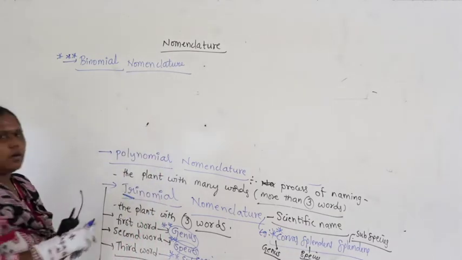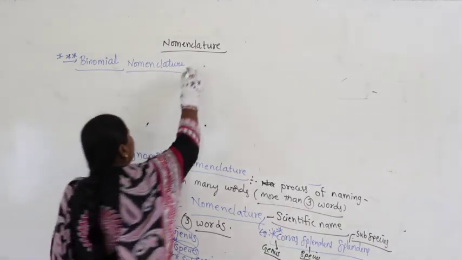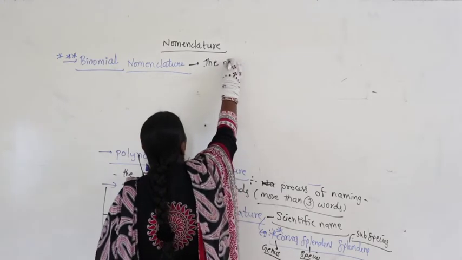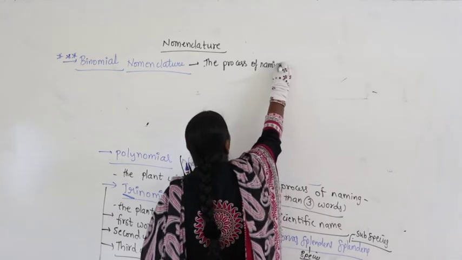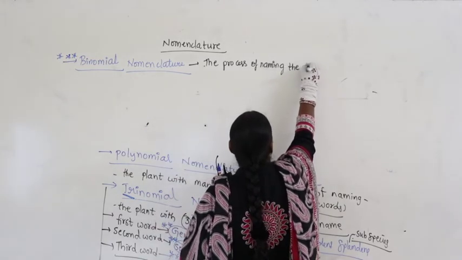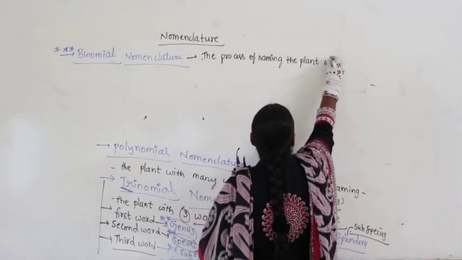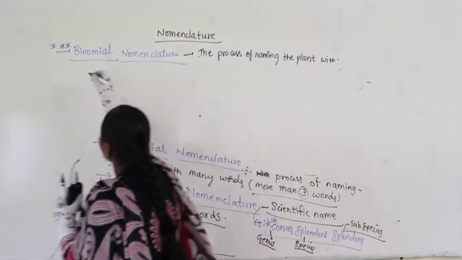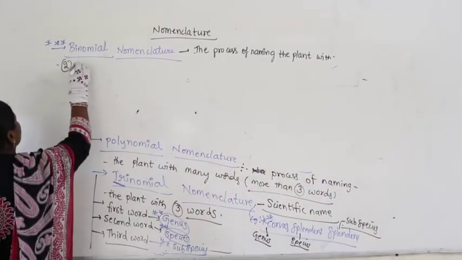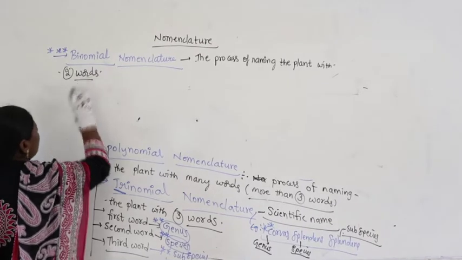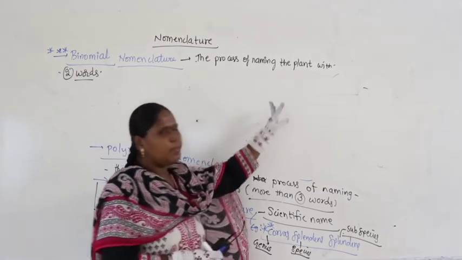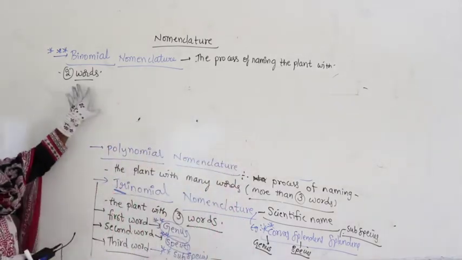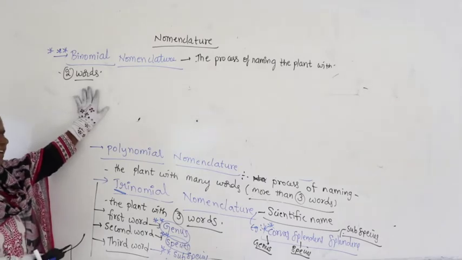So what is binomial nomenclature? The process of naming the plant with 2 words is called binomial nomenclature.